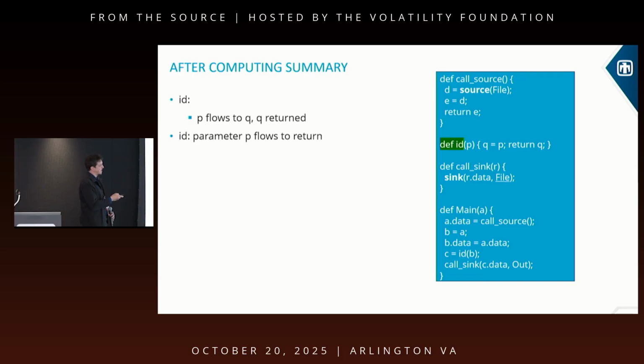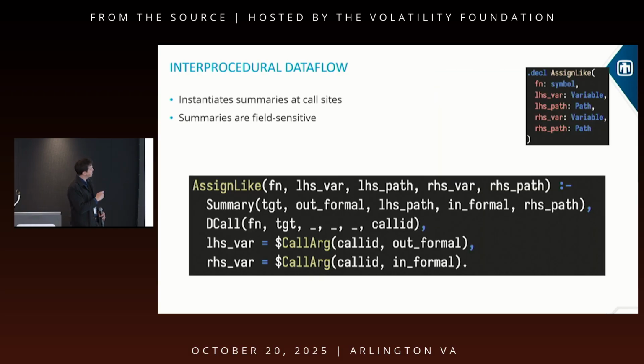The key is that now we know the data flow behavior of this function id. When we look at the call to id in main, we don't have to look at id anymore. We just reason using that summary. So that leads into interprocedural data flow, which is the data flow between functions.